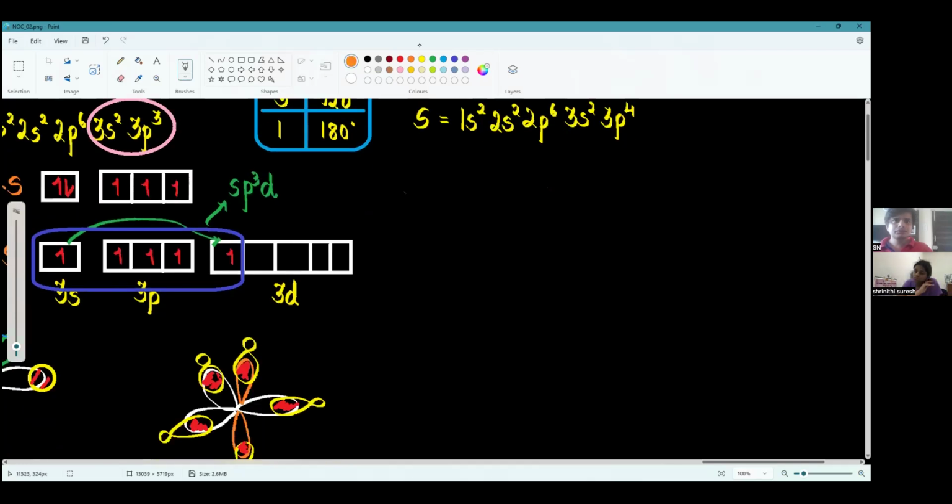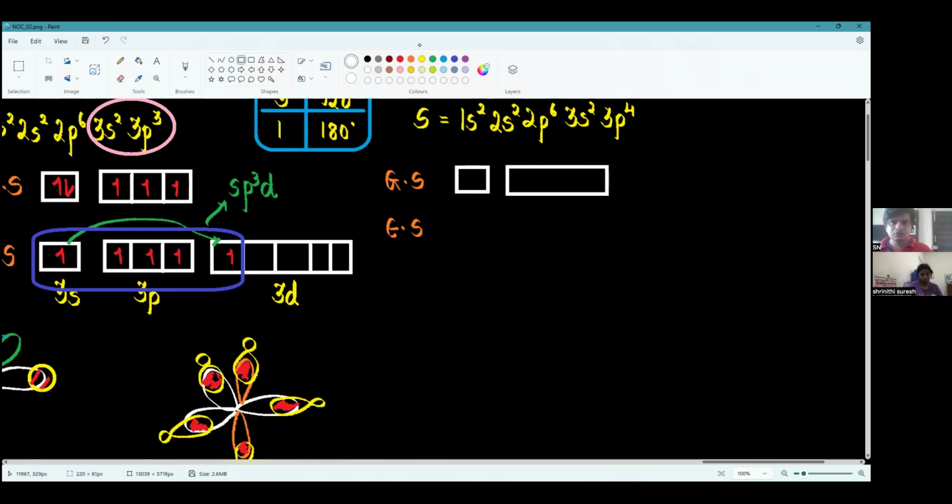Now the ground state is 3s2 and 3p4. We'll see whether it needs excitation or not.